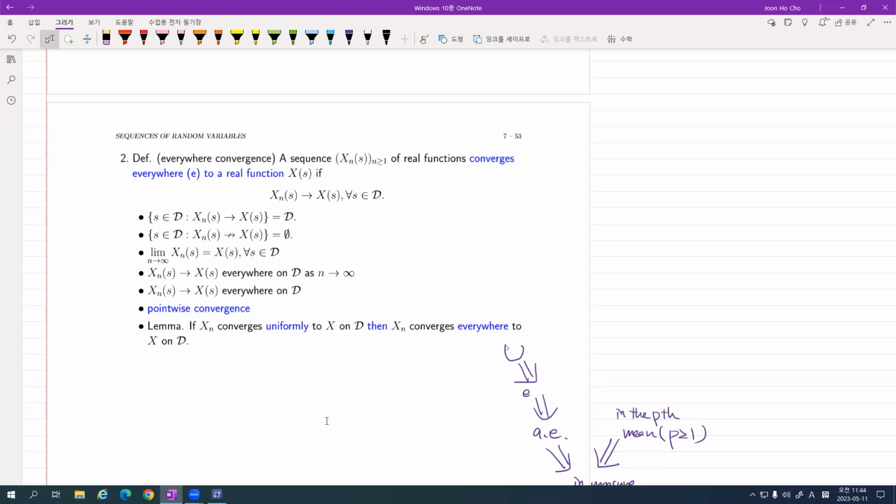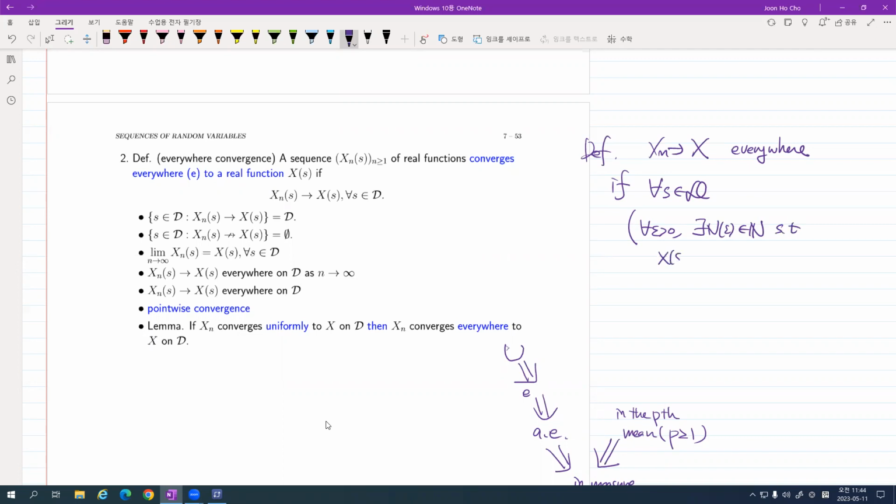Given a sequence of functions x_n, you claim the sequence converges to x everywhere if for every s in the domain, and here goes the statement, for every epsilon positive, there is n of epsilon in the set of natural numbers such that |x_n(s) - x(s)| is less than or equal to epsilon.